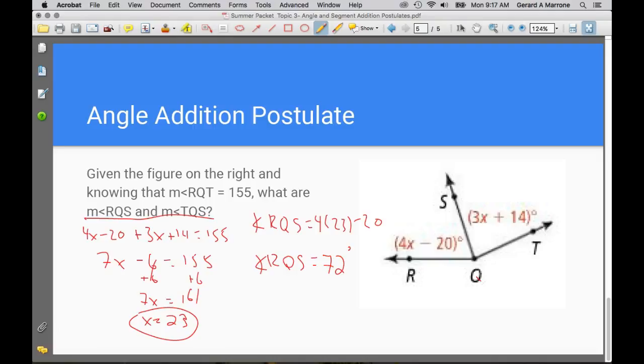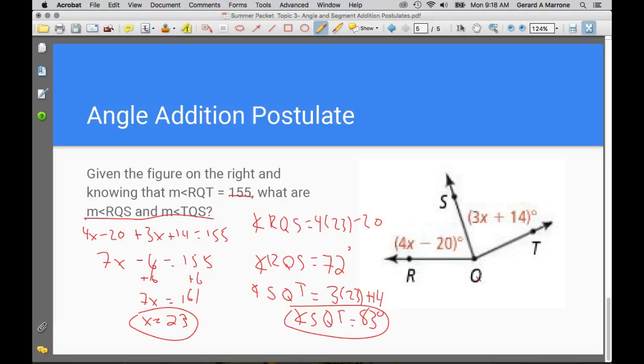And if we plug in for SQT, angle SQT, and that equals 3 times 23 plus 14. So we end up with angle SQT equaling 83 degrees. Okay? And if you want to verify it, 2 plus 3 is 5, and 7 plus 8 is 15, which gets us back to our 155 degree measure.